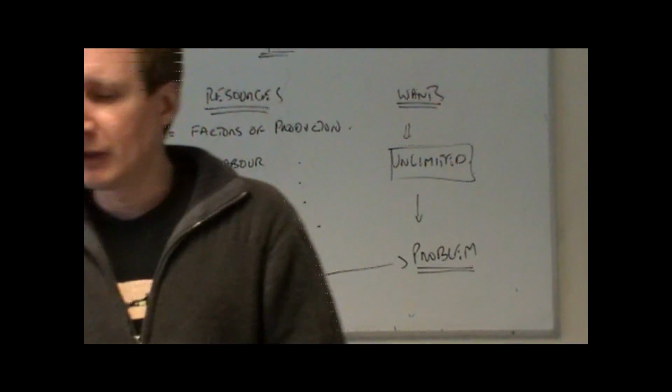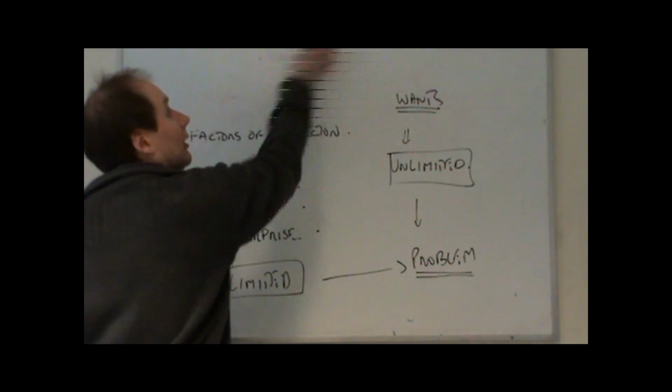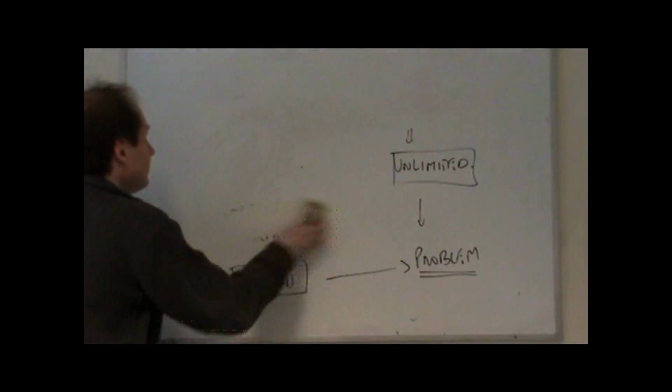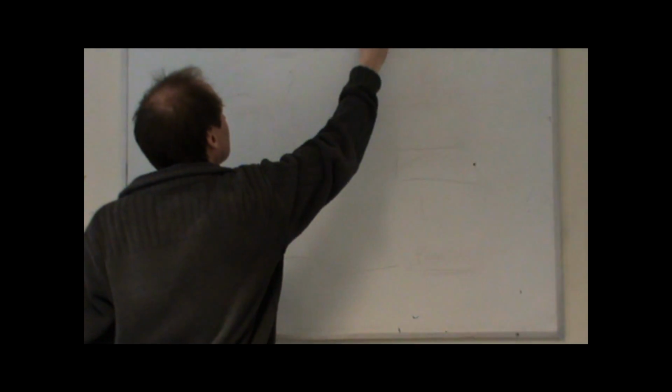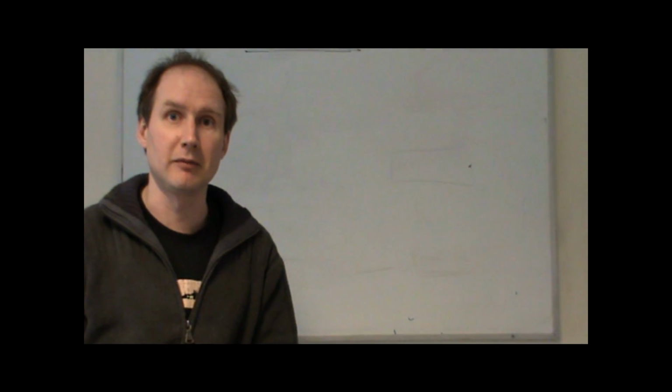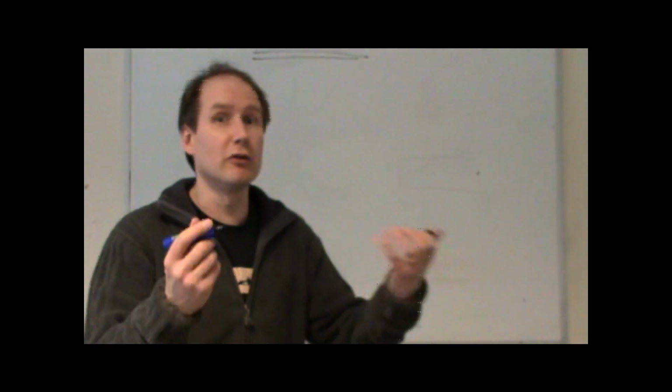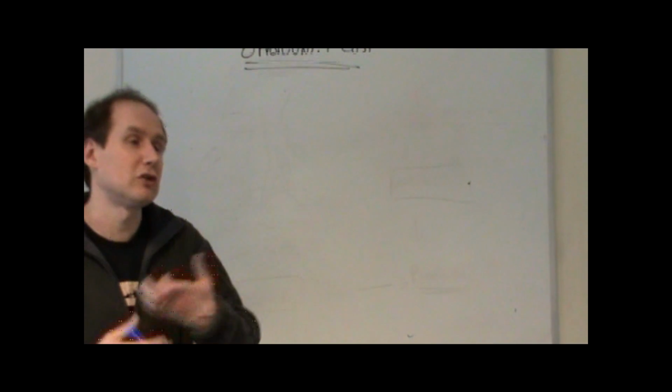And this problem gives rise to a central concept in economics. And that central concept is the idea of opportunity cost. And by opportunity cost, what we mean is that we can't use a resource for one thing and also use it for another. It applies to you. If you spend time doing revision, then there is an opportunity cost. You could have done something else.